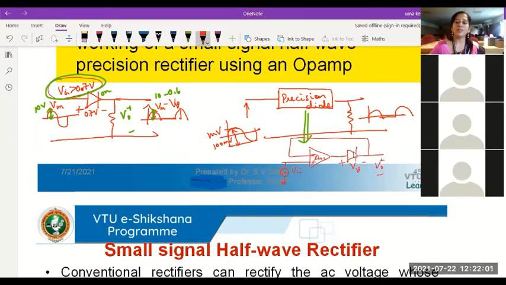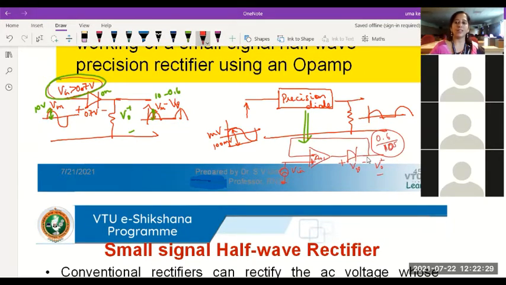Therefore, this cut-in voltage 0.6 or 0.7 gets divided by the open loop gain of the op-amp, and any input voltage greater than this voltage level will make it conduct. So if the input voltage given here is just greater than 0.6 by 10 to the power of 5, then this diode will start conducting.